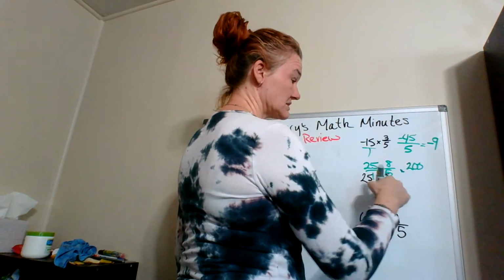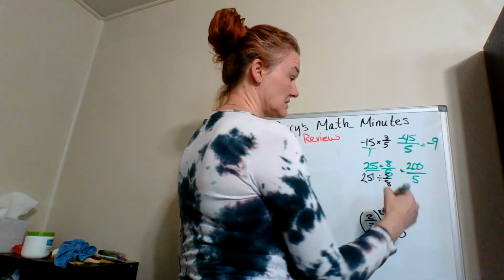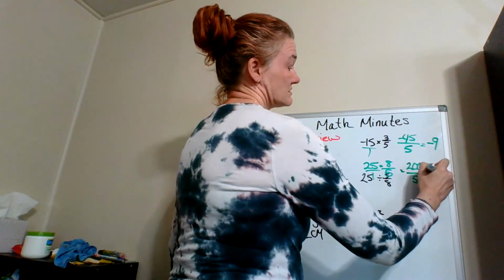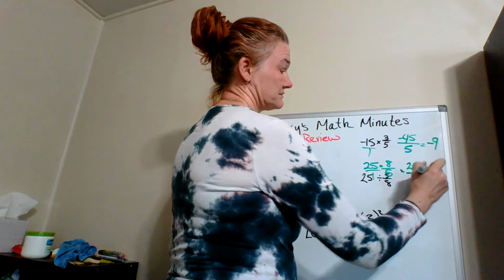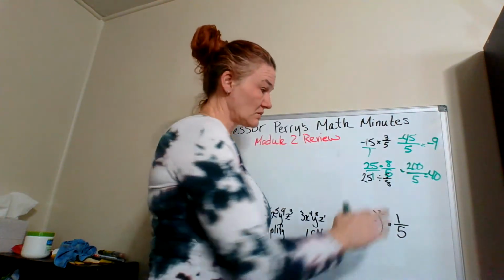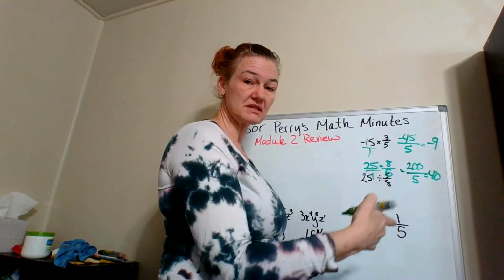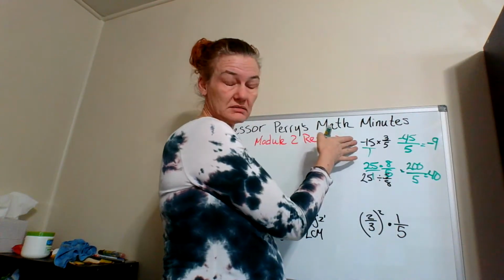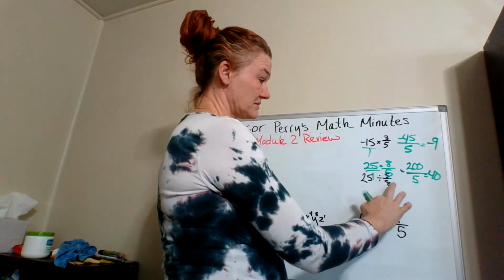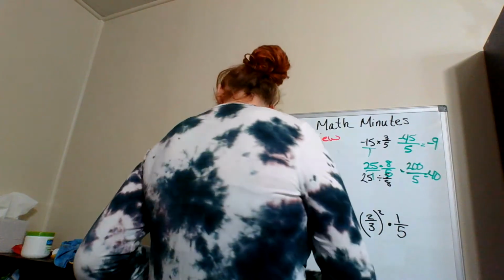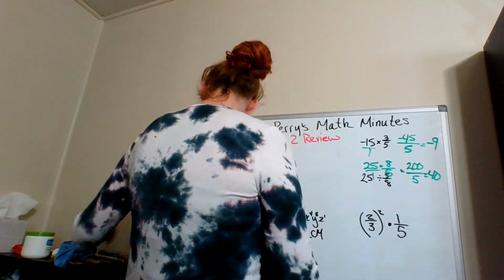Put a 1 down there. 1 times 5 is 5. And this goes in 40 times. Okay? When you have a divide, flip it upside down and multiply. Do it the same way. You just have to flip that second one upside down. Okay?